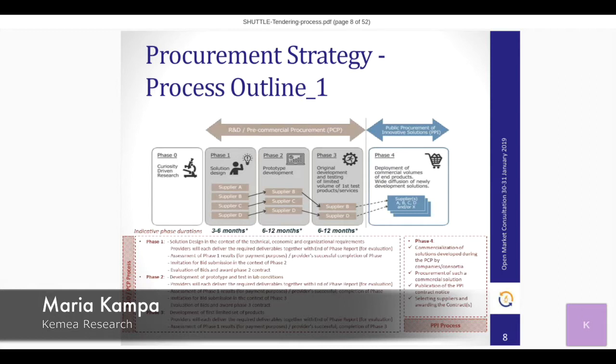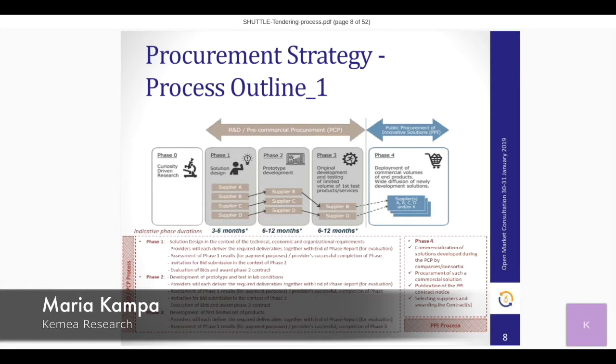So, the process outline in the procurement strategy. We have phase 0, which is the curiosity-driven research. In the PCP projects, we have 3 phases. The first phase is the solution design.